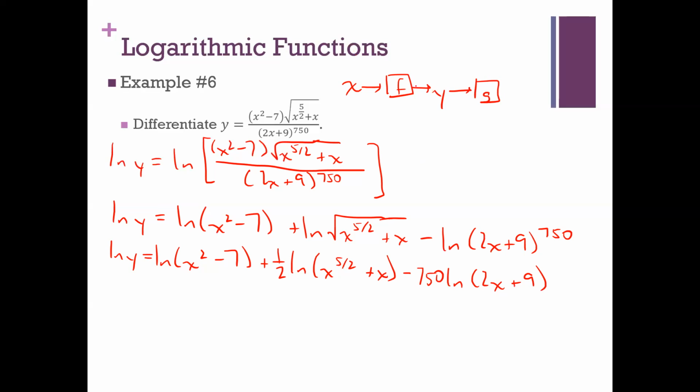X through function f gets transformed to y, and then y through some function g gets transformed into natural log of y. Do we know what the derivative of that function g is? 1 over y. It'll be 1 over y in this case because the input's y.